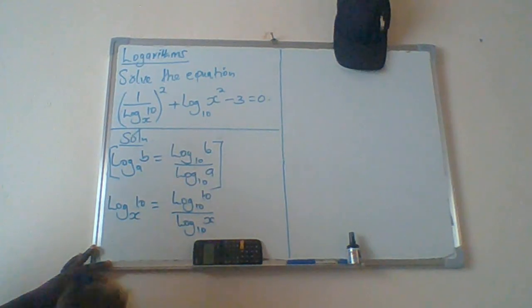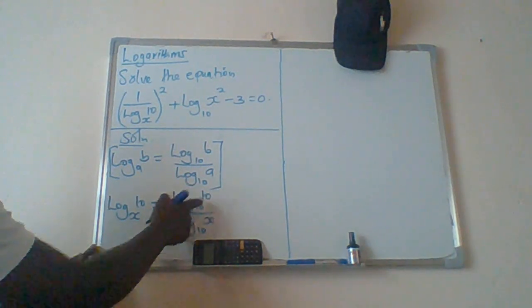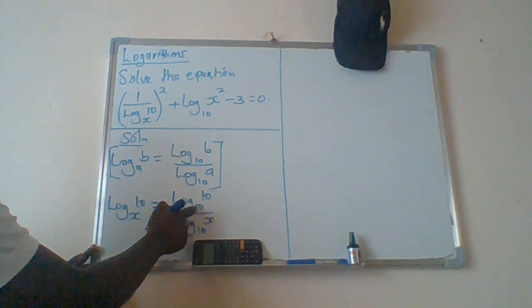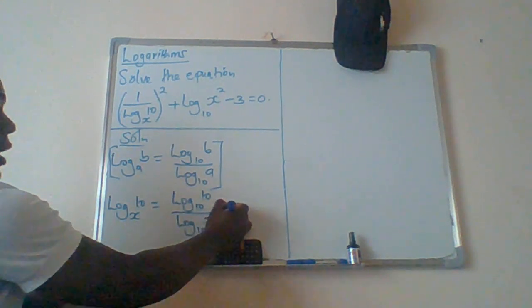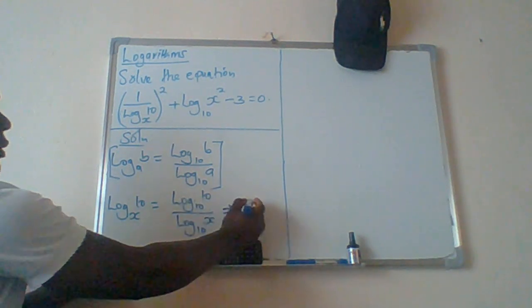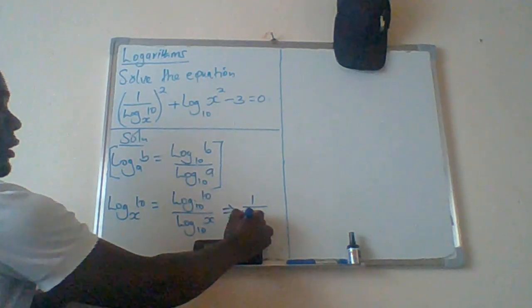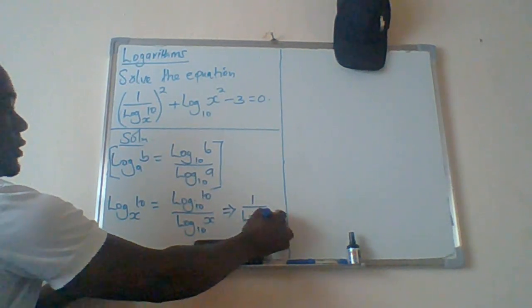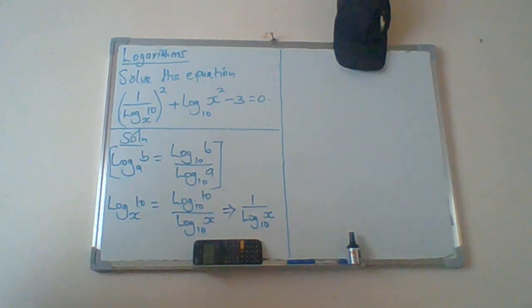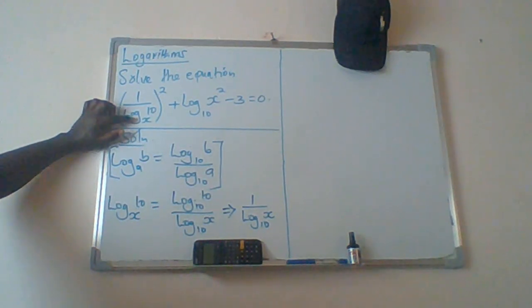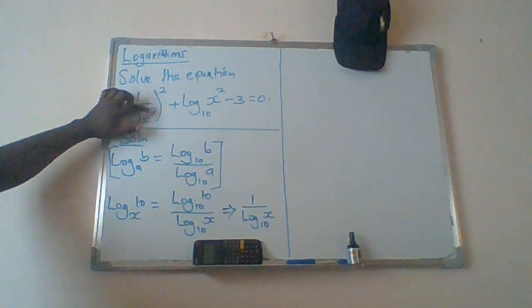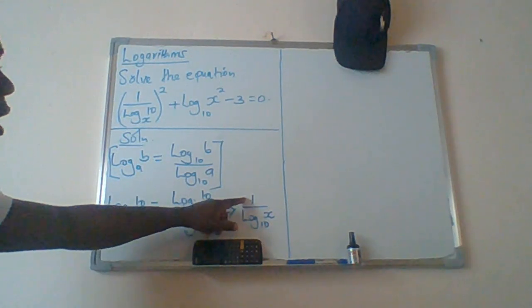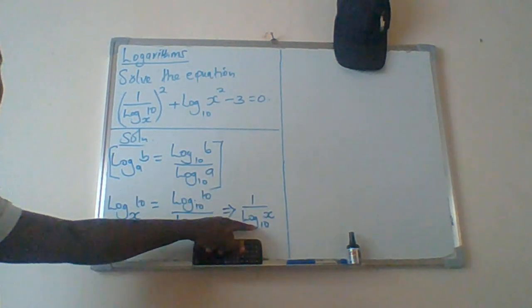We all know that the logarithm of a number to the base of that same number is equivalent to 1. Therefore the numerator is 1, and log 10 to base x is equivalent to 1 over log x to base 10.